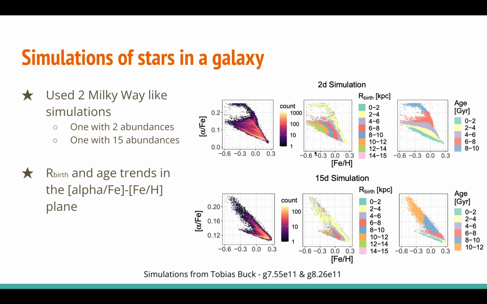The first one only traces two abundances, iron and alpha. The other simulation traces 15 different abundances, so lots of information there. Looking at the birth radius and age trends in the abundance plane, we can see these really nice linear trends. And these are important, as I will discuss later on, so can you keep these in the back of your mind.